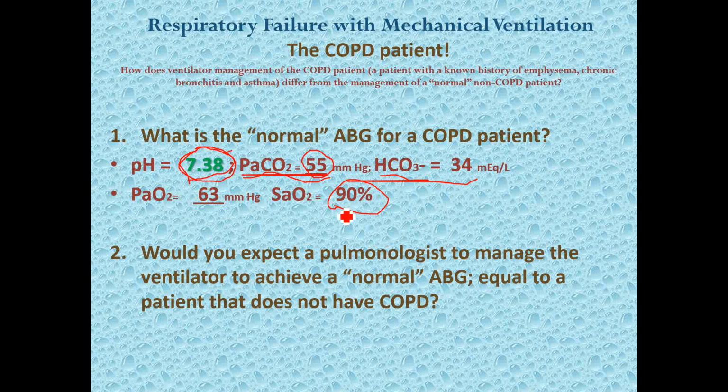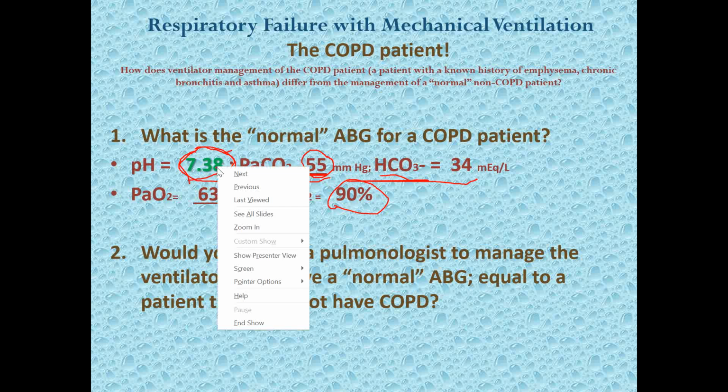Because COPD patients cannot get rid of CO2, there's a problem getting in O2, and usually their oxygen status is not as good as a non-COPD patient. So again, as long as their oxygen status is 90% or above and the pH is normal, we consider that the COPD patient with these ABGs is doing okay.